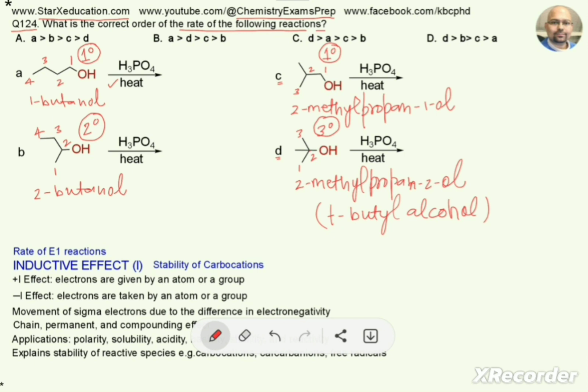That's its common name. The common name of these other 3 compounds are butyl alcohol, or N-butyl alcohol. The common name of 2-butanol is secondary butyl alcohol, and for the alcohol C, its common name is isobutyl alcohol.